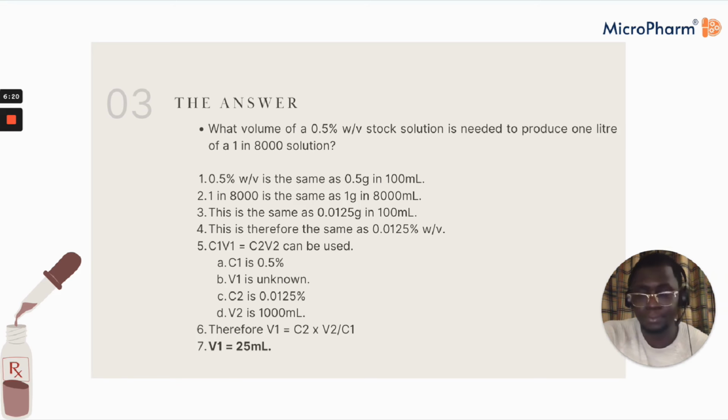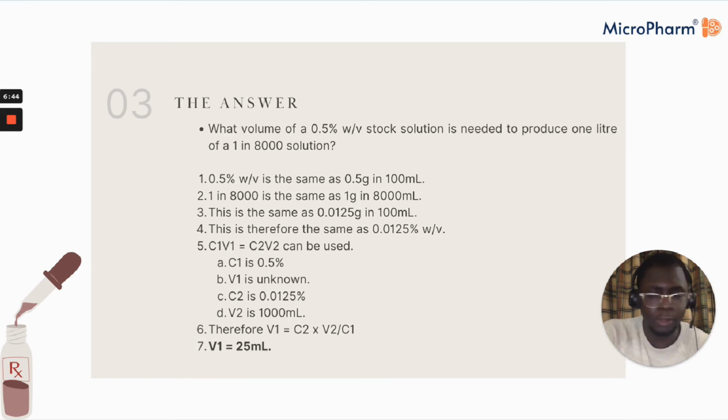units. Now, 0.5% weight per volume is the same as saying 0.5 grams in 100 ml. 1 in 8,000 is the same as saying 1 gram in 8,000 ml. Now, what I wanted to do was convert the 1 in 8,000 to a percentage, so then I can work with the same units as I did with the 0.5.